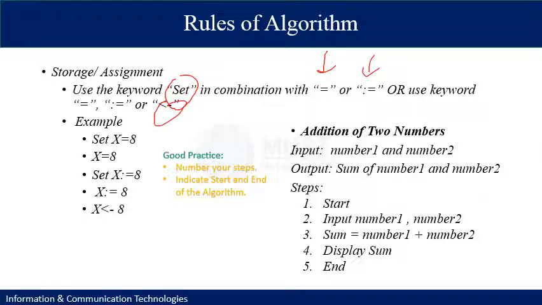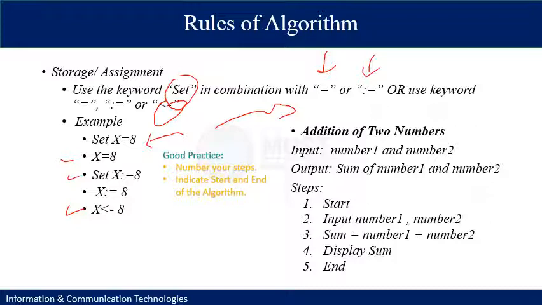As an example, if you want to set a variable value, you can set x equal to 8, or simply x equal to 8, set x colon equal to 8, or assign 8 into x. Again, it is a good practice to number your steps and indicate the start and the end of the algorithm. Here is an example which contains the input, output and assignment or storage rules.